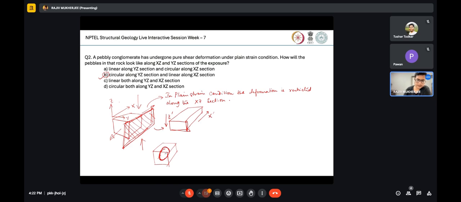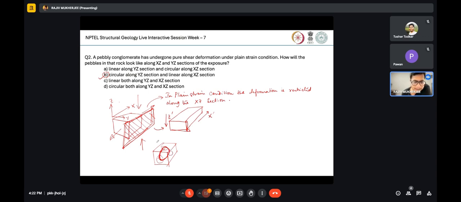Now the pebble is spherical. Consider the pebble to be spherical in initial shape. So every surface, xz, yz, and xy, in every section, you will see circular cross section of the pebbles on every surface.